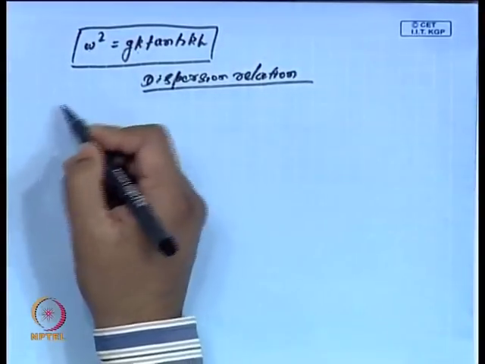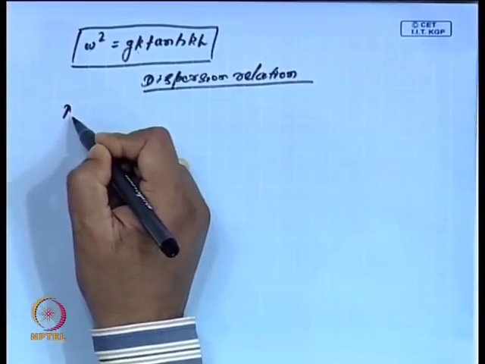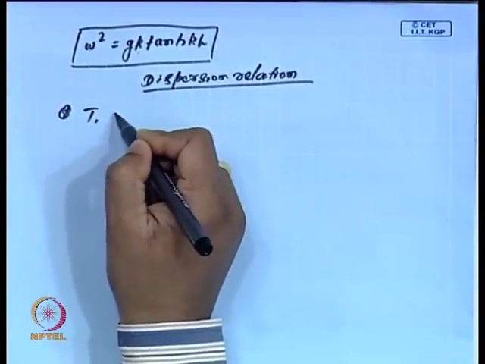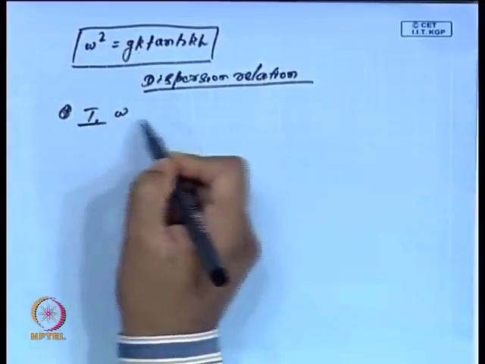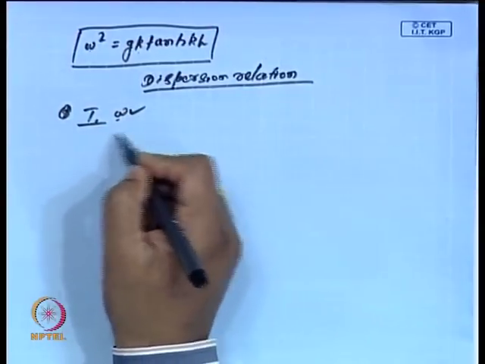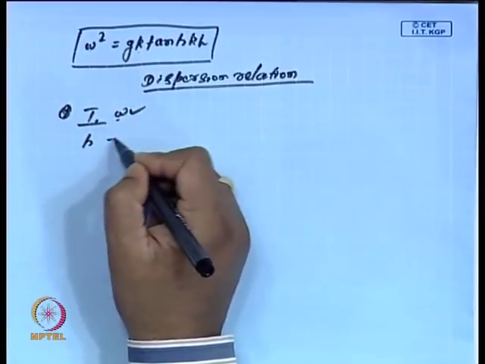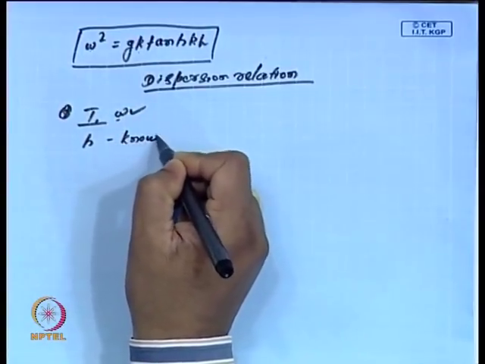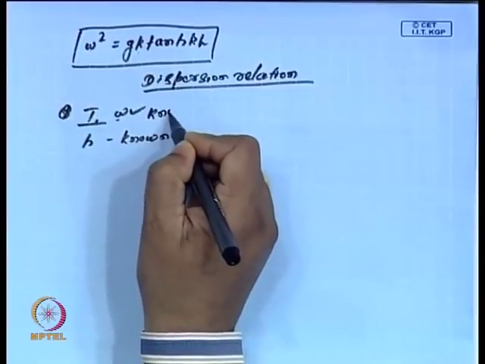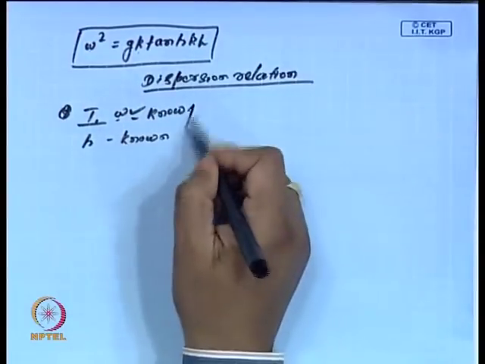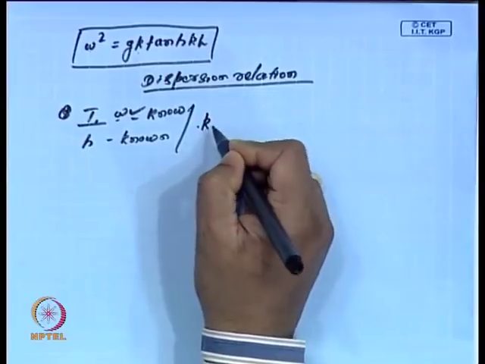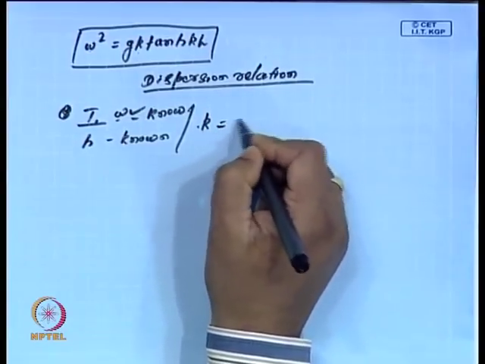Often if we know the period of the wave T, then we know omega. Once you know T, we know omega. Then if we know the water depth h, and these are known, can we find k? Then k is equal to what?